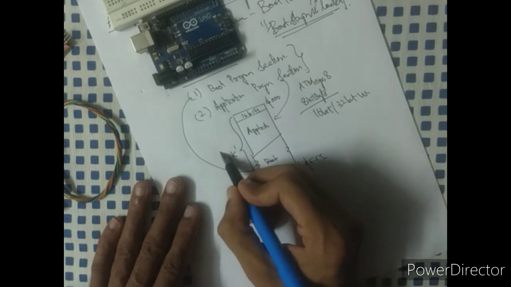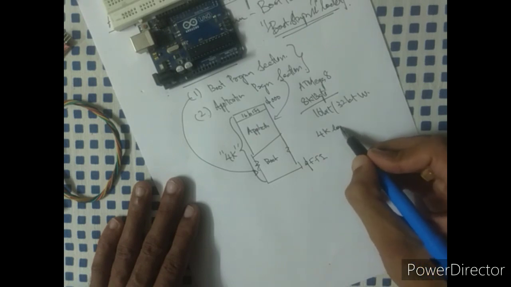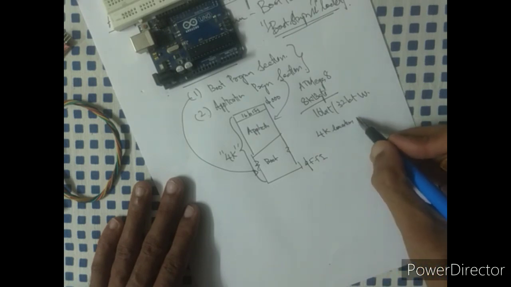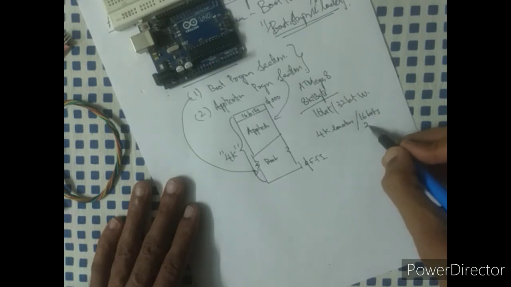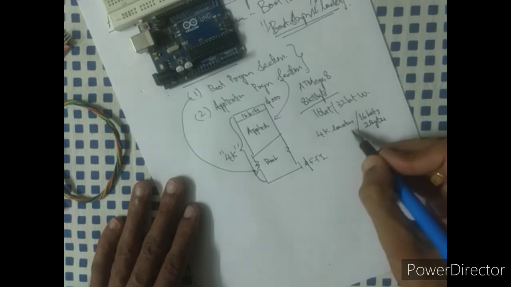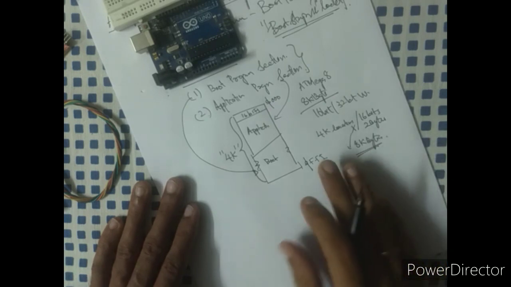Each of the 4K address locations has 16 bits, or 2 bytes. This forms the 8 kilobyte flash in the case of an Atmega 8.